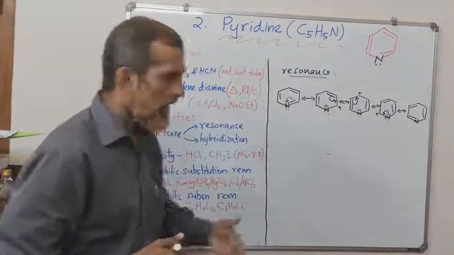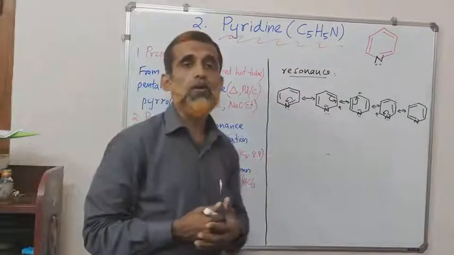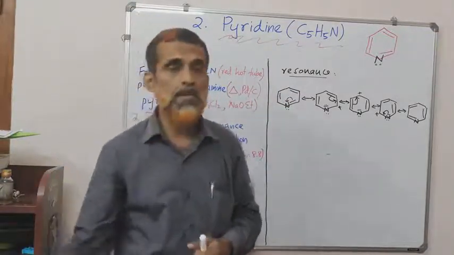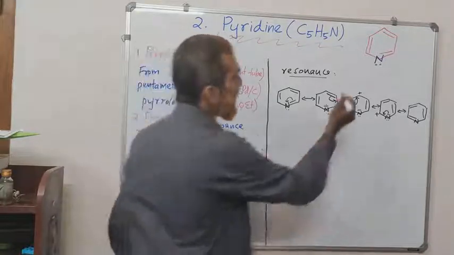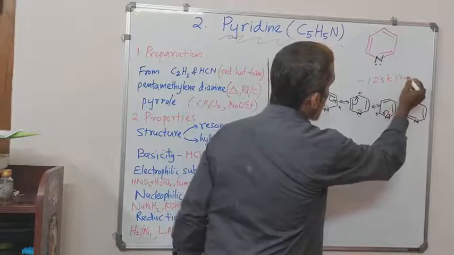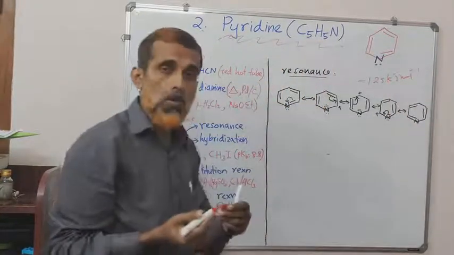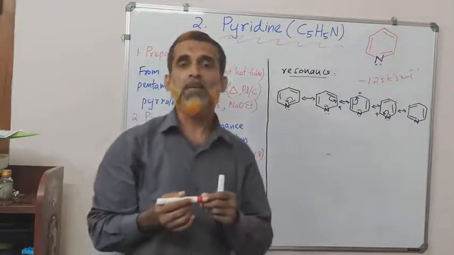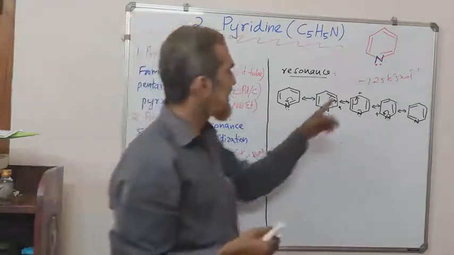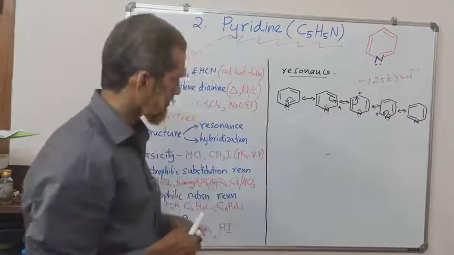And regarding resonance, we know resonance increases stability. The resonance stabilization energy of pyridine is found to be minus 125 kilojoule per mole, which is found to be more than that of benzene, even more stabilized due to resonance than benzene.